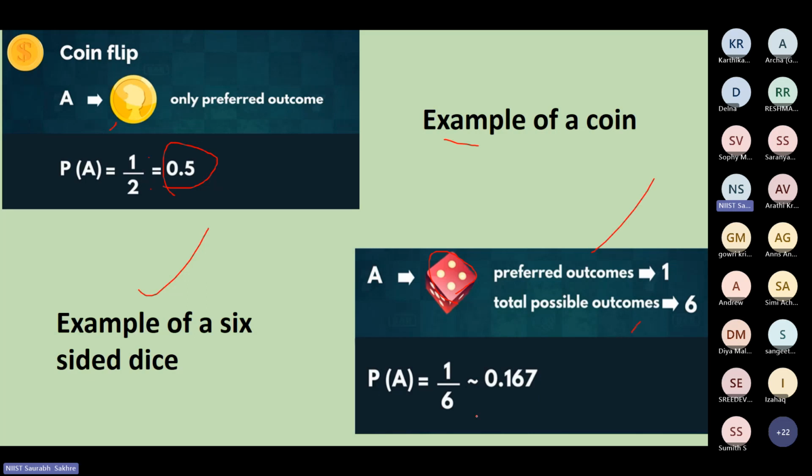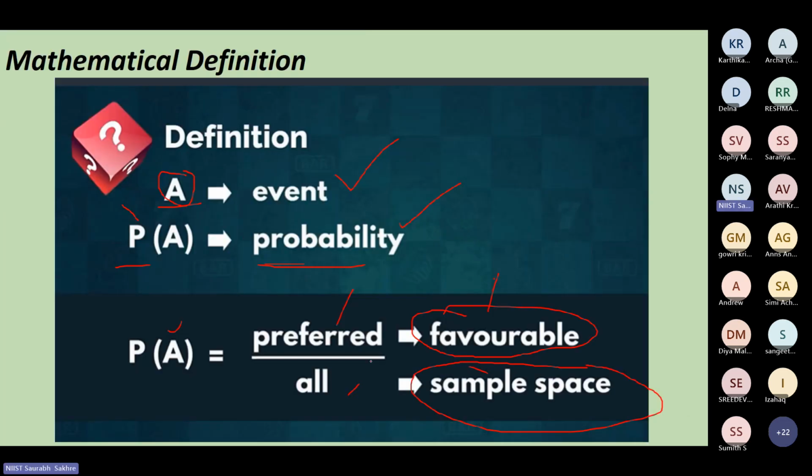So there is a probability of 0.167 or 16.7% that 4 will occur on a six-sided dice having numerals 1 to 6. So the probability of A occurring is 1 by 6. These are simple examples: preferred outcomes divided by all outcomes.